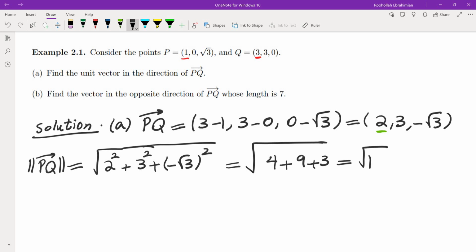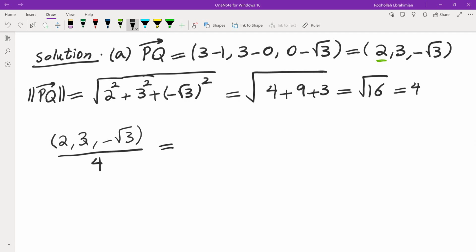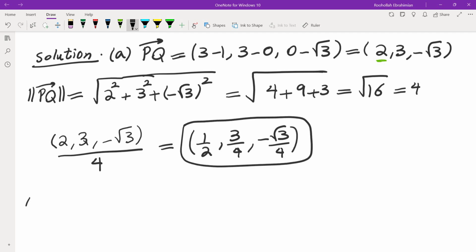So that is the square root of 16, which is 4. Now this is the magnitude of this vector. We want to find the unit vector in that direction. So we take the vector (2, 3, negative root 3) and we divide that by its magnitude. So the answer is (1/2, 3/4, negative root 3 over 4). So this is the unit vector in that direction.